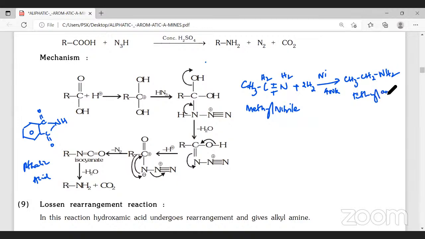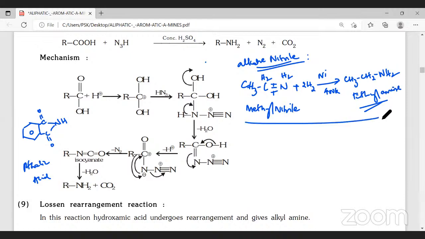It's called ethyl amine. So this is from alkane nitrile. Nitriles are nothing but cyanides. So alkane nitrile on reduction with hydrogen in the presence of nickel catalyst or lithium aluminum hydride at 400 Kelvin, we get a primary amine.